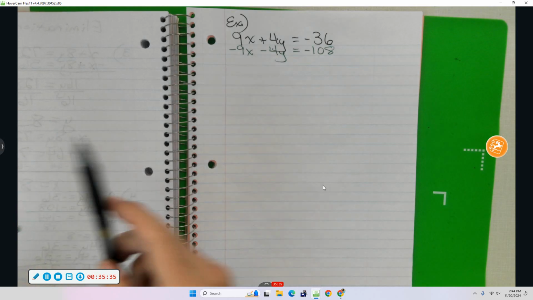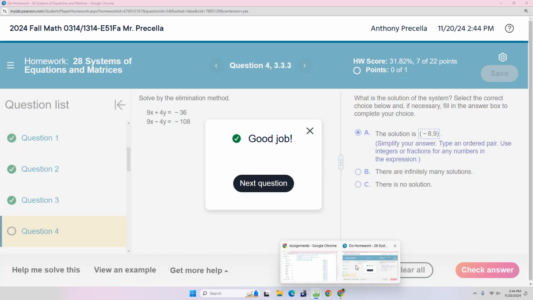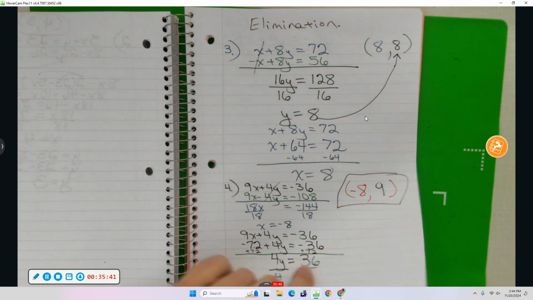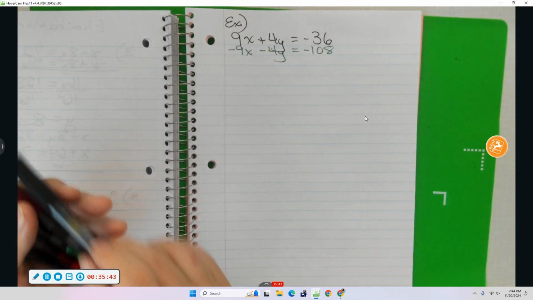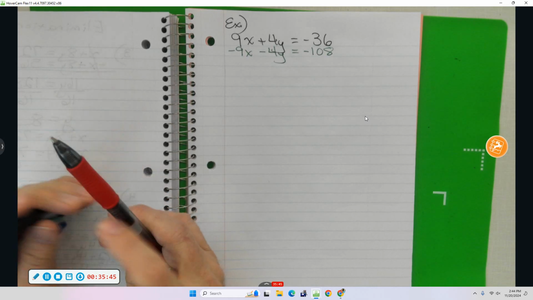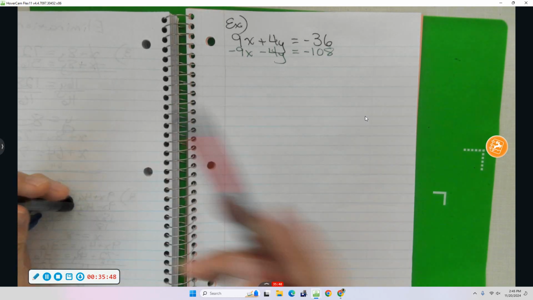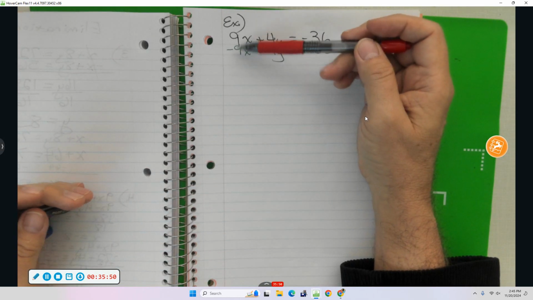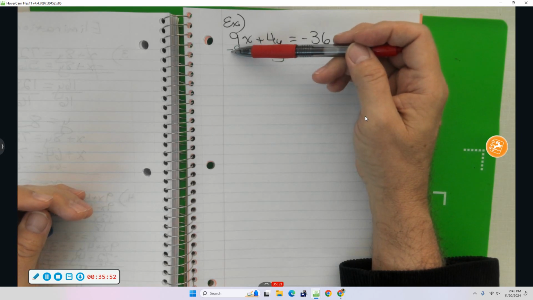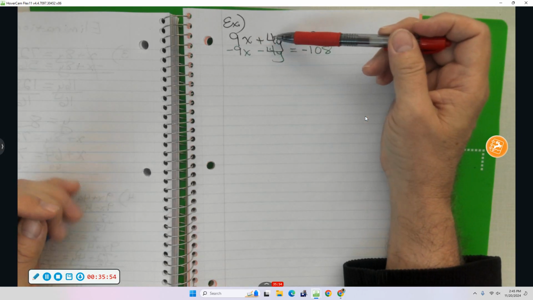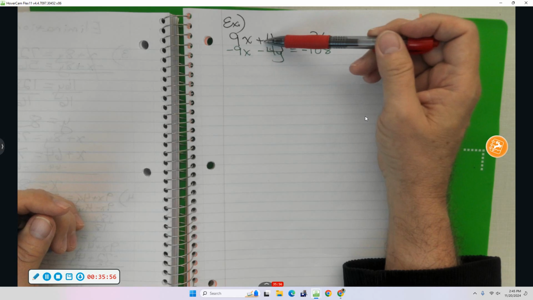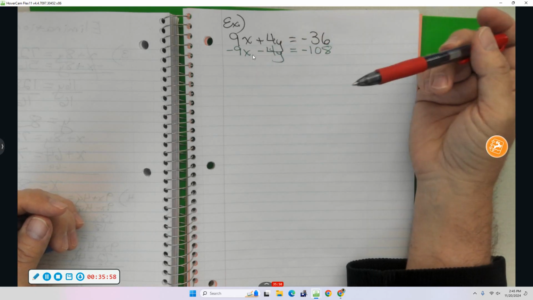All I did was put a negative in front of that second 9. And hopefully you'll see what we mean. Look at that. The x's have the same coefficient but opposite signs, and the y's have the same coefficient but opposite signs. One positive, one negative.